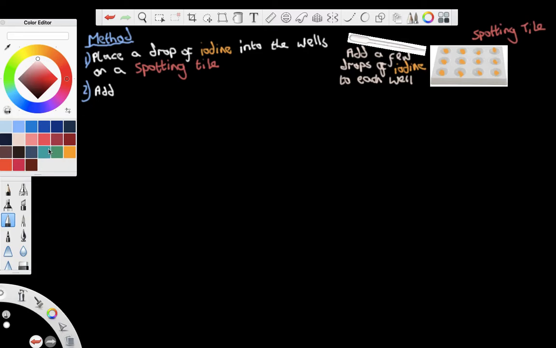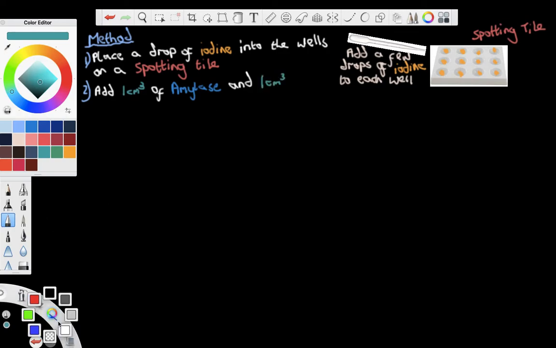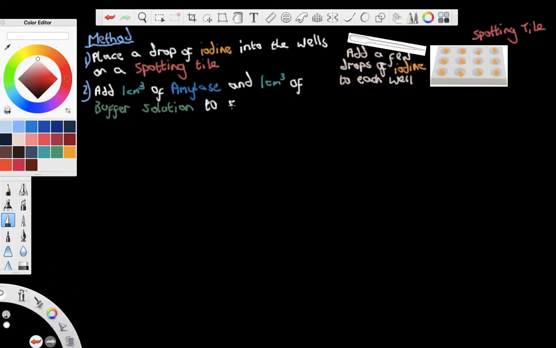So add 1 cm cubed of amylase and 1 centimetre cubed of buffer solution to 5 test tubes. Okay, to 5 test tubes.